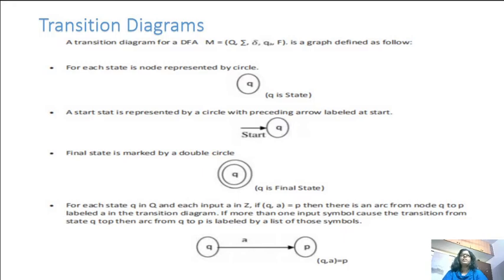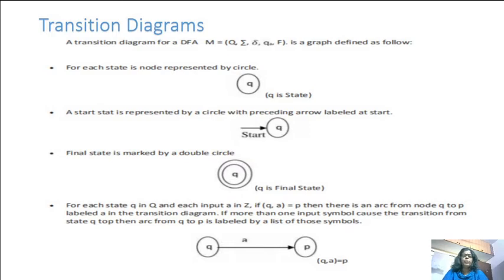The start state has an arrow mark with the circle, and the final state has a double circle. And the transition function is shown as an arrow mark, a transition arc.